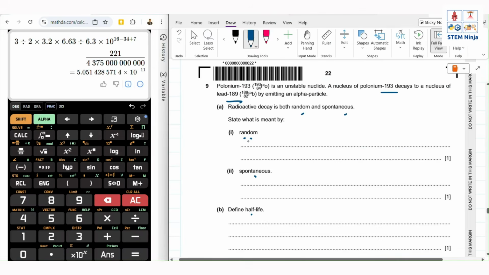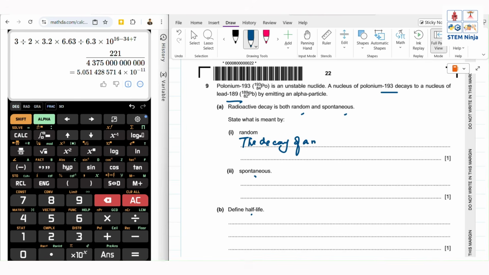So random means that the decay of a nucleus cannot be predicted.